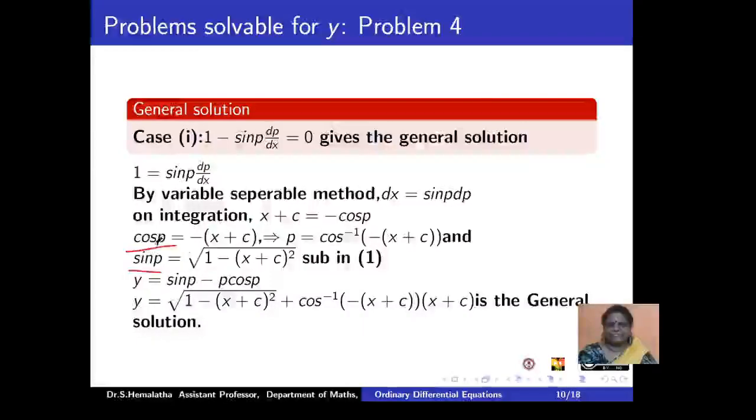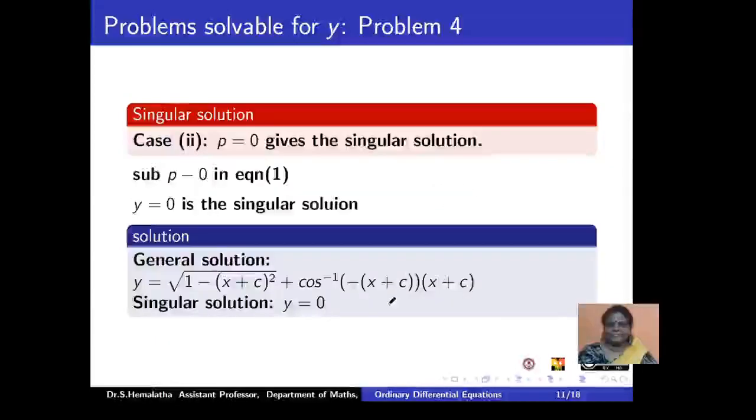So better to write, whenever you have cos p, immediately I can write sin p by using the formula root of 1 minus cos square p, isn't it? So I'll be simply writing my cos p substituted value here, and I can get my sin p. After getting sin p and cos p, I'll substitute in the equation to get the final answer. So this may be concluded as your general solution.